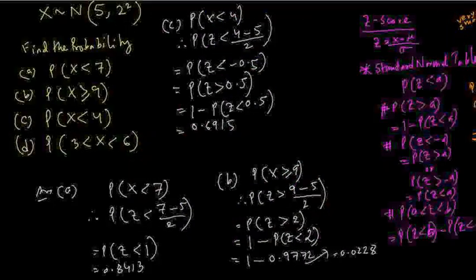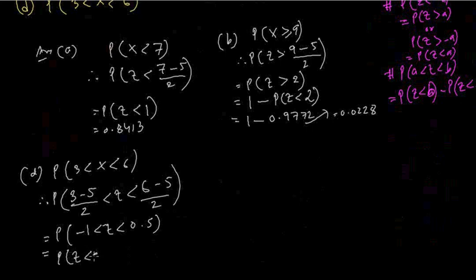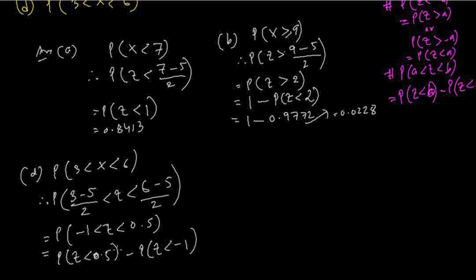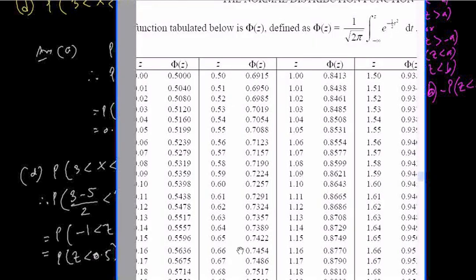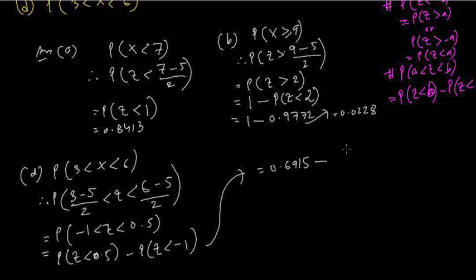So this one means the next one. So the probability of z is less than 0.5 minus the probability of z is less than -1. So we know that the probability of z is less than 0.5 is, from this table, 0.6915, minus, now the probability of z is less than -1, by symmetry we can just write the probability of z is greater than, and this will become positive.